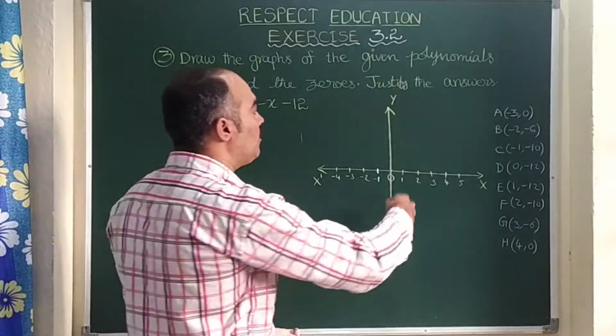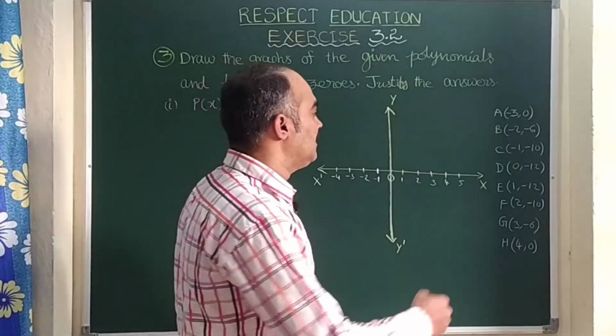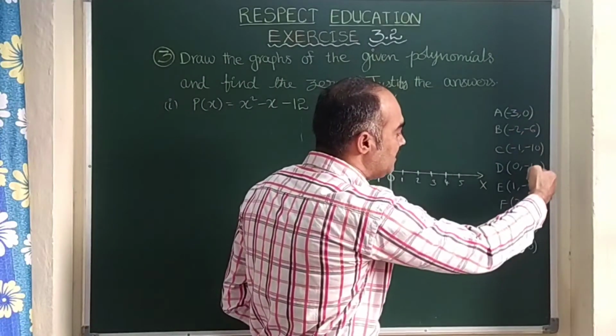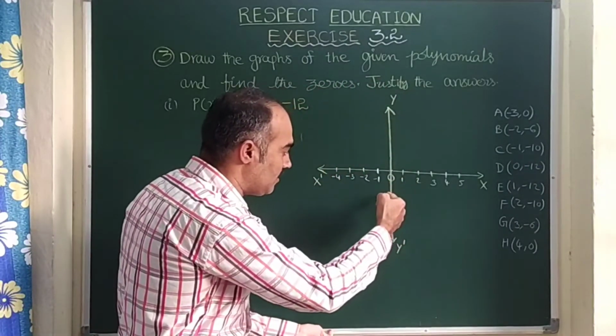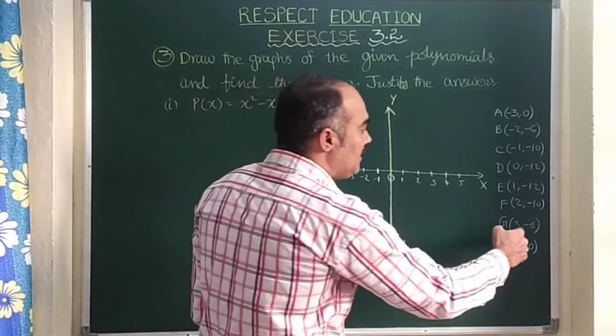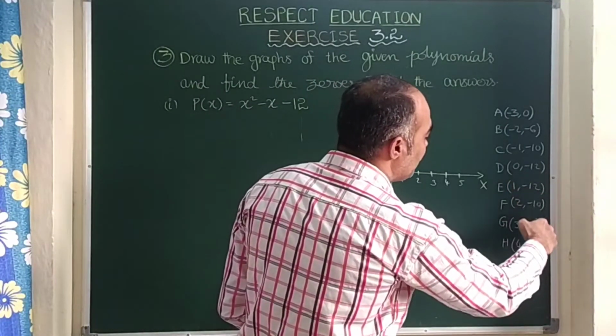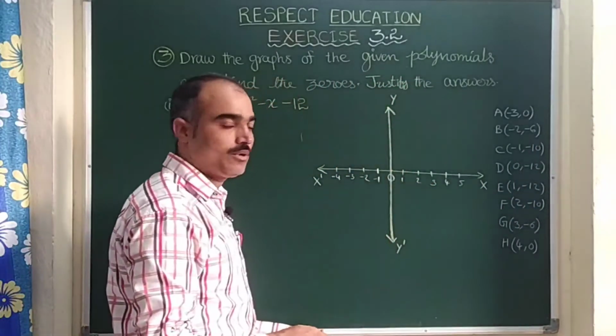Now when you come to y-axis, here we have a choice, children. The least value is minus 12, means here you have to write minus 1, minus 2, minus 3, minus 4 up to minus 12. The highest value is anyway 0, so 0 is here, it is not at all a problem.